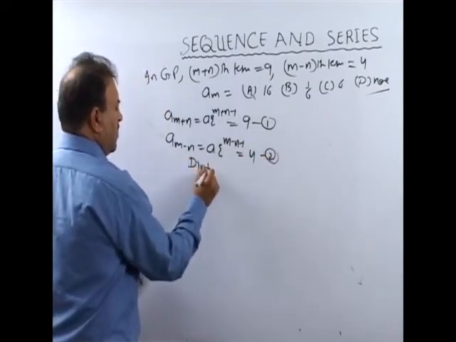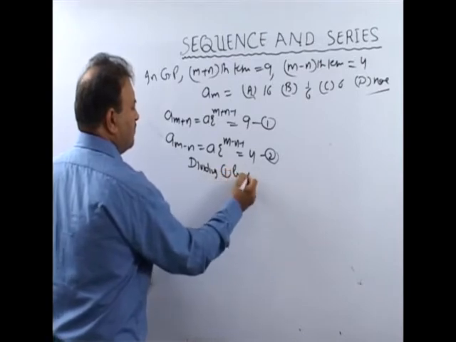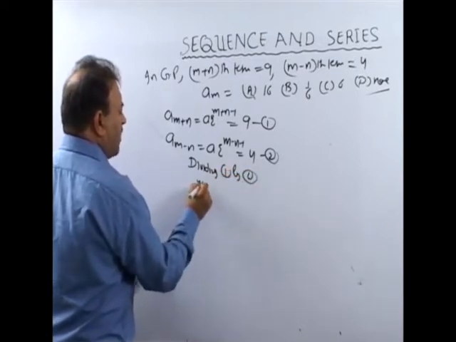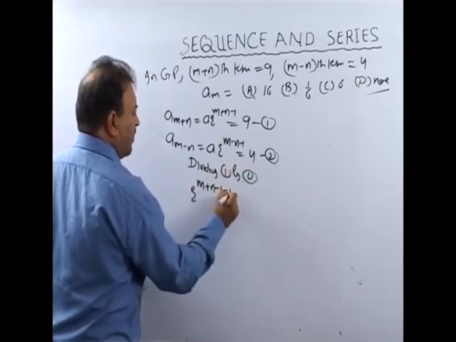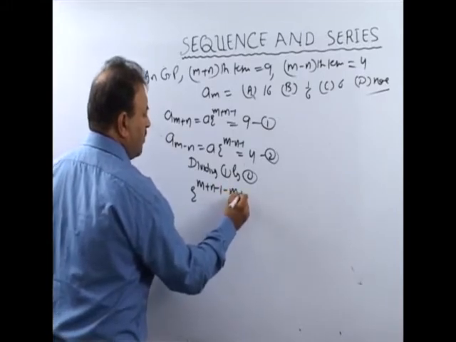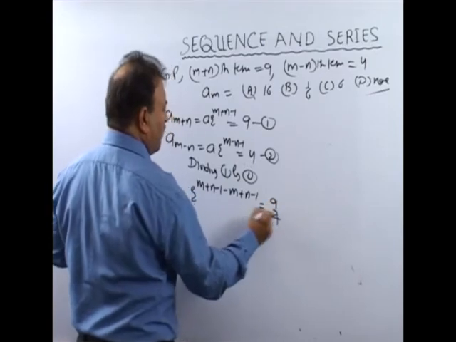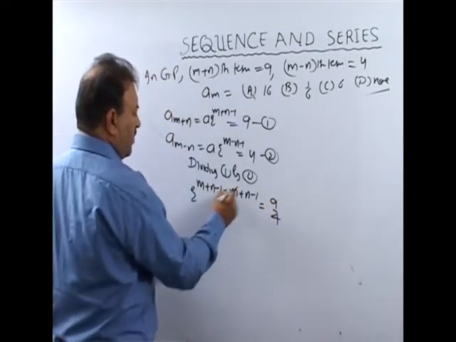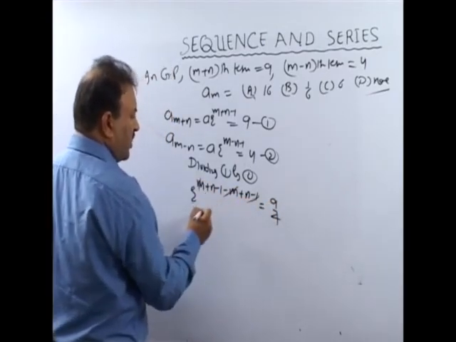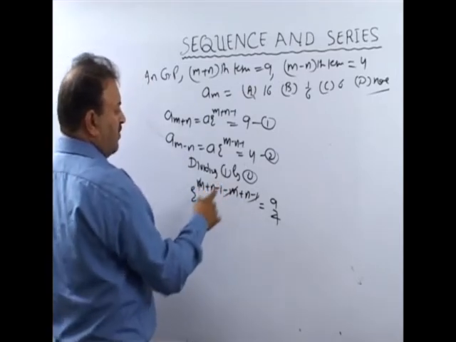Dividing 1 by 2, we got r to the power m plus n minus 1 minus m plus n minus 1, that is equal to 9 by 4. The m's cancel out, the 1's cancel out.